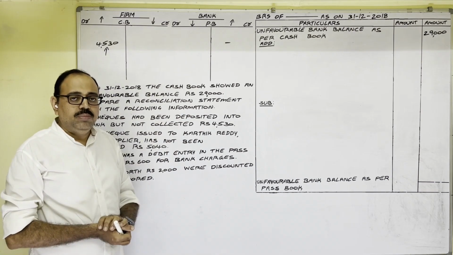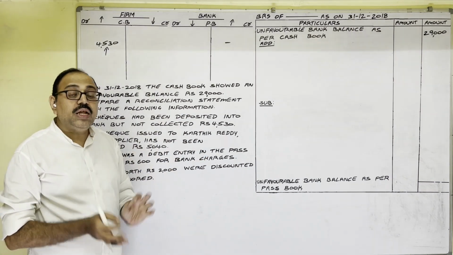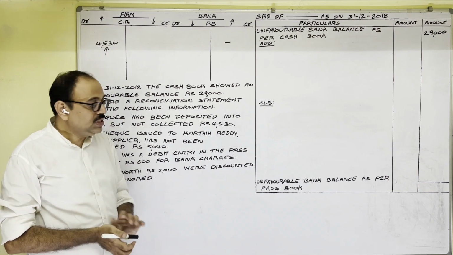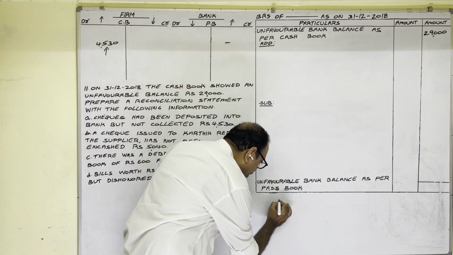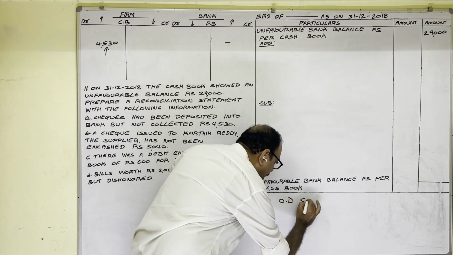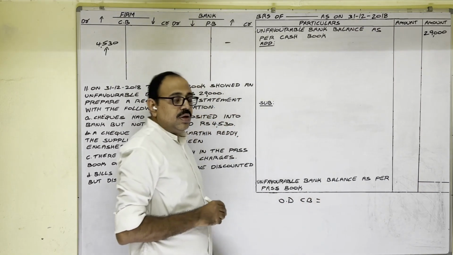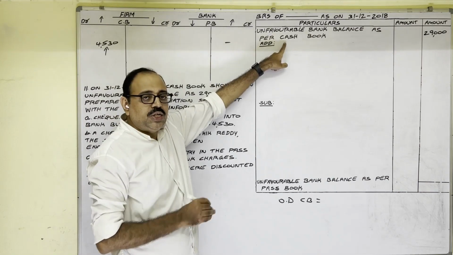But instead of going with this, I will tell you a simple technique. When overdraft bank balance as per cash book is given, while writing, write down that sentence only.